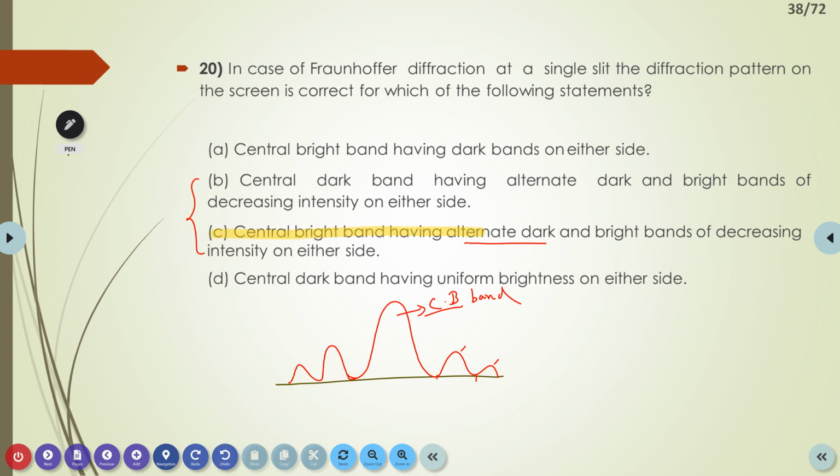This is the central bright band, and alternately you are getting bright and dark bands on either side. So this is the right choice.